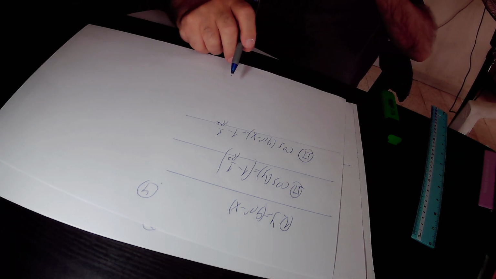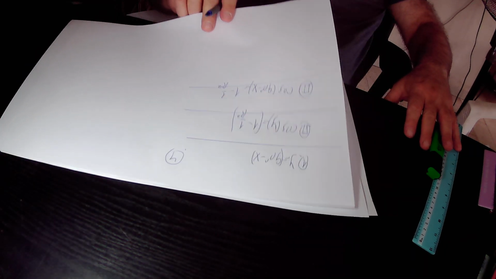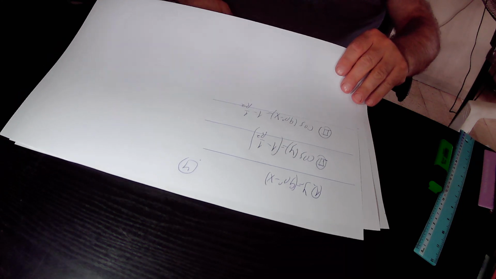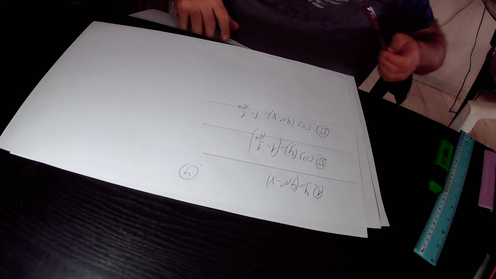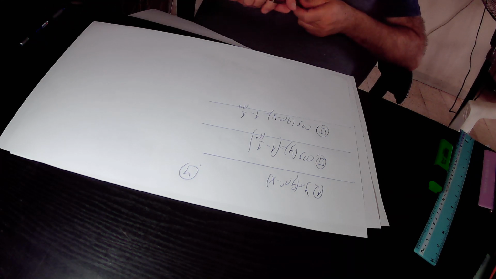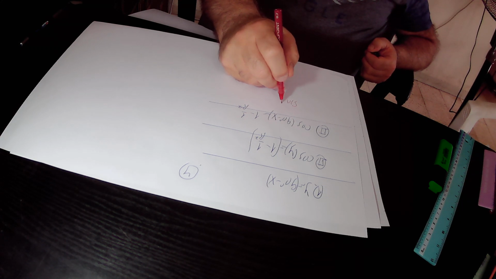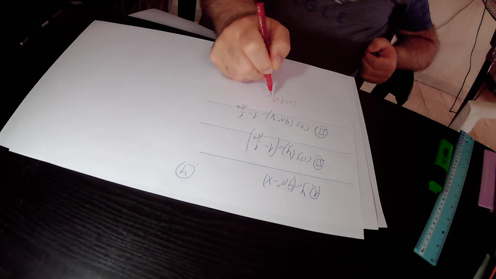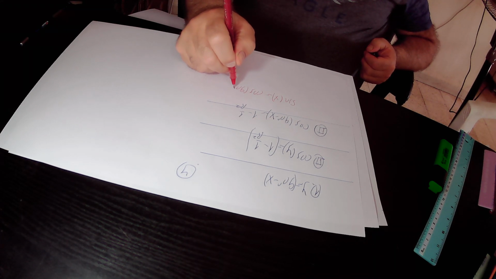We have the trigonometric identity. It says that sine x is equal to cosine of 90 degrees minus x.